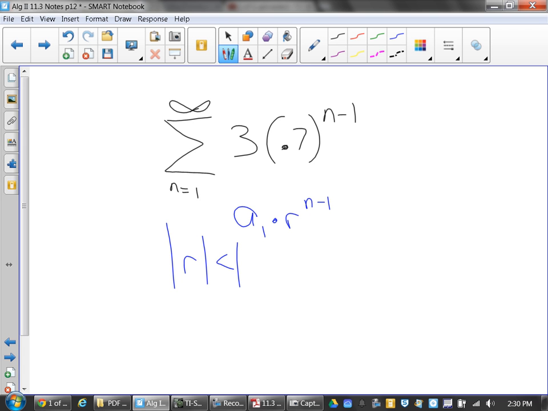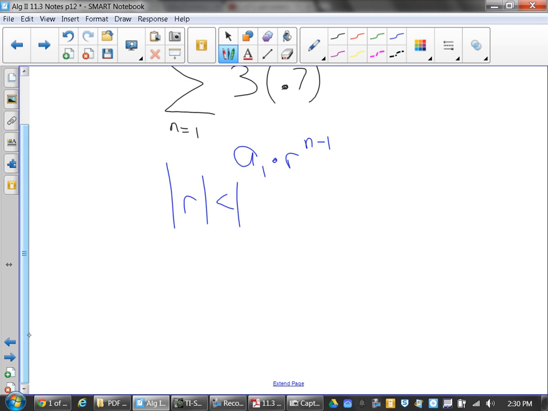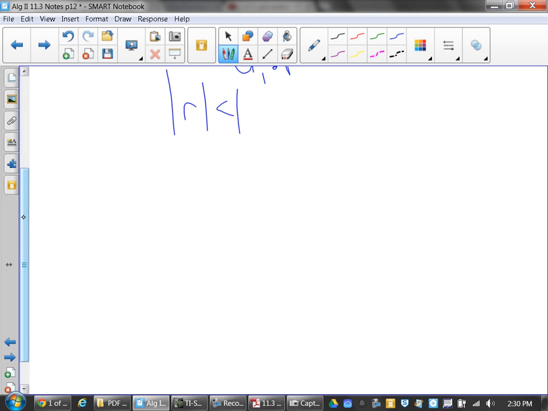So here's what happens. You get the following formula. The absolute value of r is less than 1. Now, in this case, the sum, with no subscript here, of an infinite geometric series is always the first term divided by, this is where it gets funky, 1 minus the rate.